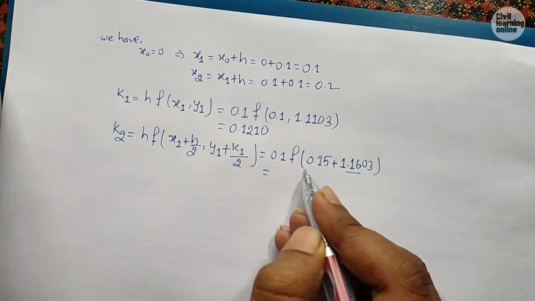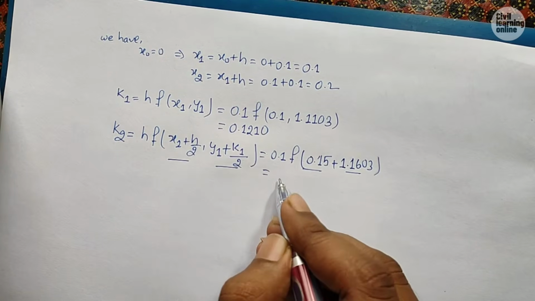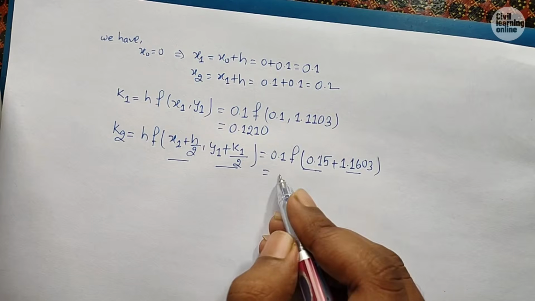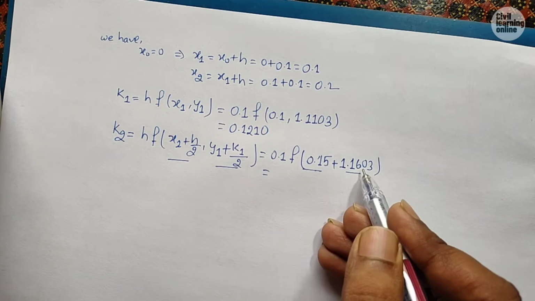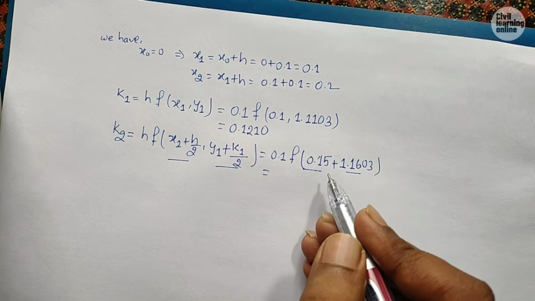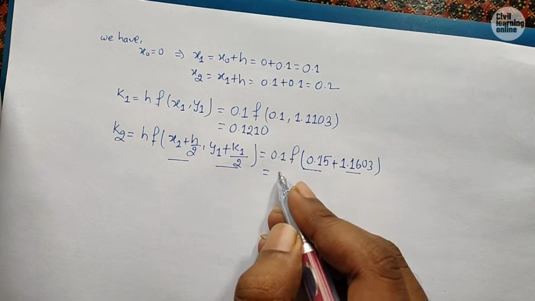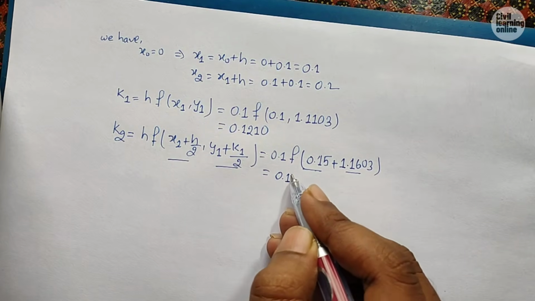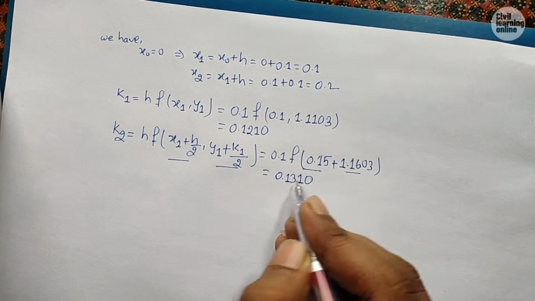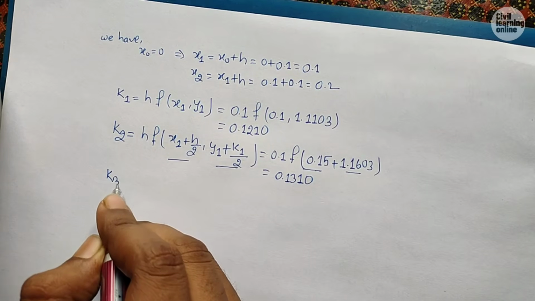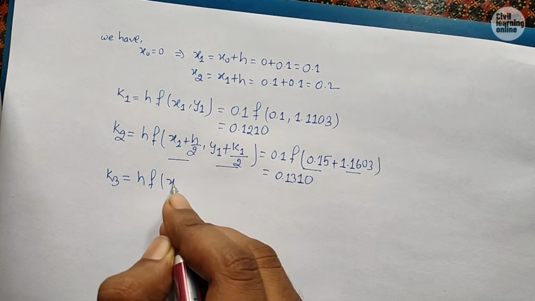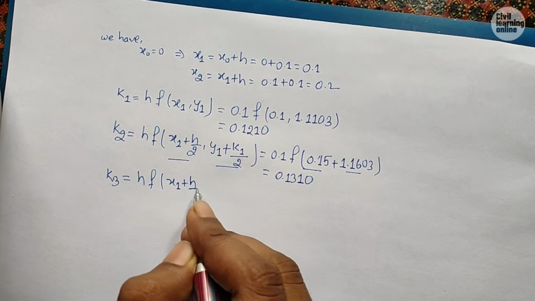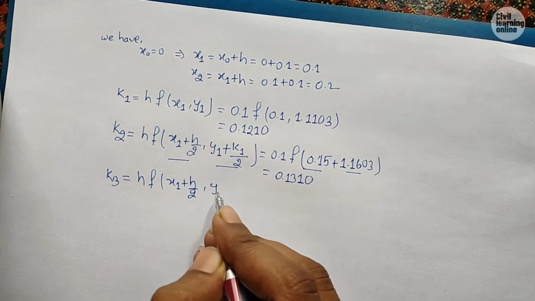I have already solved it. Then on solving this, we will get this value. Now put x equals 0.15 and y equals 1.1603 in the given equation. From here we will get 0.1310.